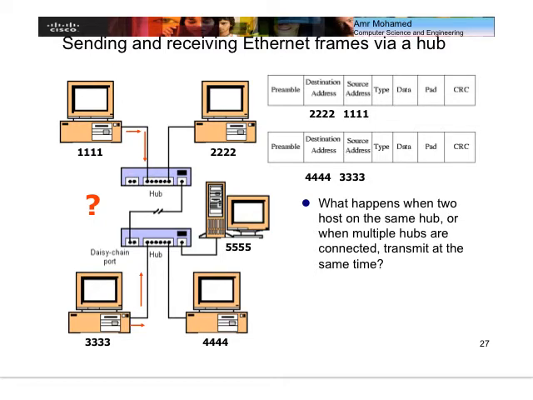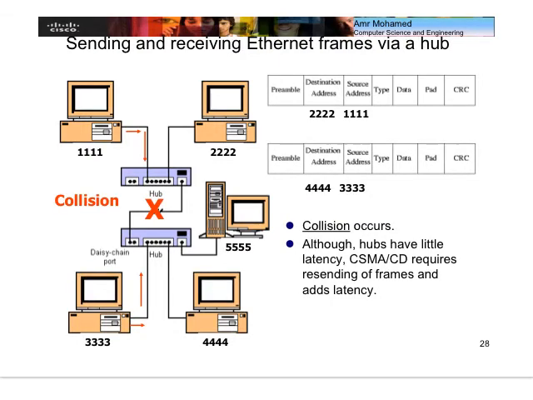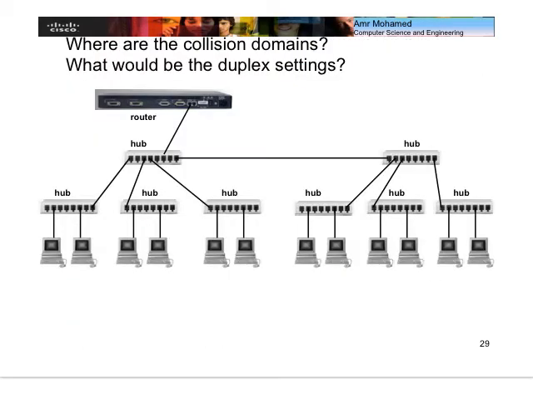So if this node sends to node 3, then this node will likely reply with an acknowledgement frame. So what happens when two hosts on the same hub, or when multiple hubs are connected, transmit at the same time, the collision will happen. This is what we have described before.